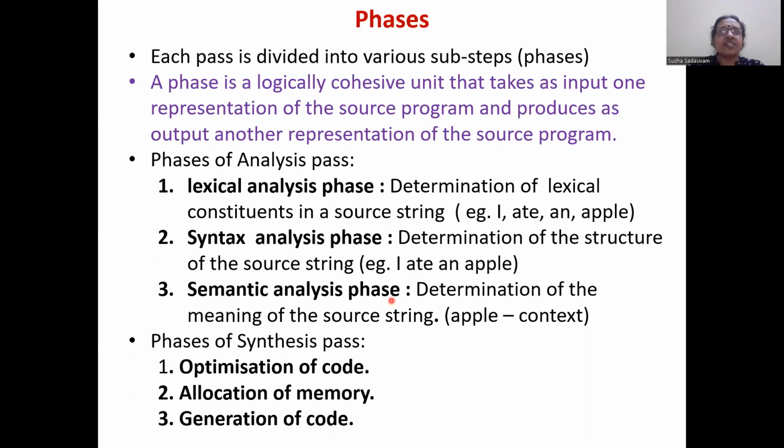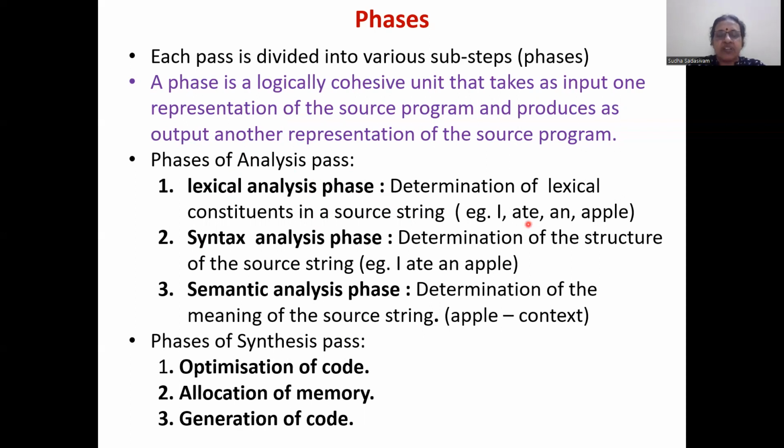There are different phases of the compiler. The first three phases of the compiler are connected with the analysis pass. These phases are, first, the lexical analysis phase. This phase basically determines the lexical structure of the source string.